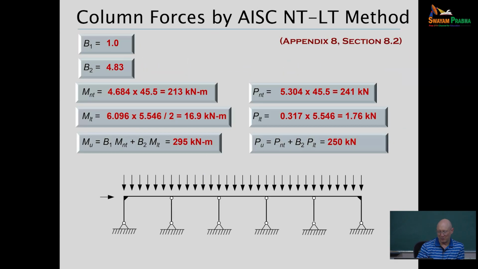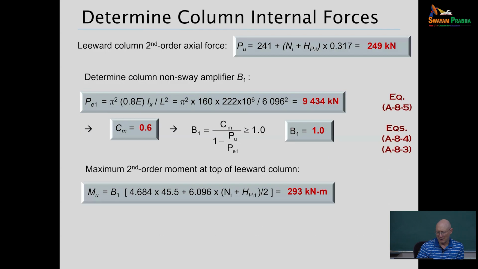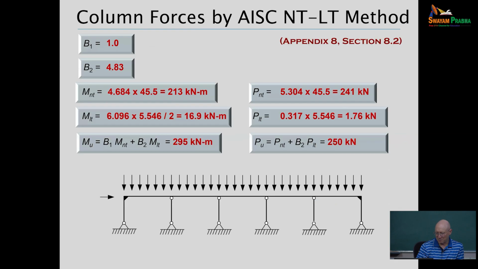I don't really have it directly in front of us here on the slides, but it's probably easiest to see it with the NTLT method. If we take the NT and LT forces here, or moments, if we set B2 equal to 1 here, then you'd get the first order result. And our B2 is 4.83.